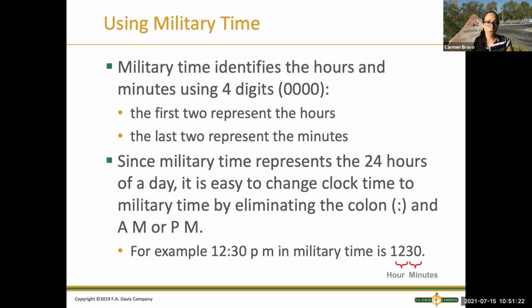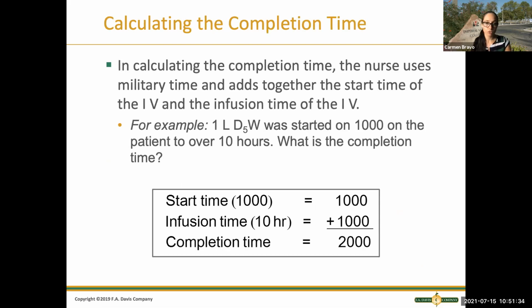Like I said, we go on 4 digits, and it tells us the whole 24 hours a day. This is an example right here. Instead of 12:30 p.m., we just do 1230. So this is how we calculate completion time utilizing military time.